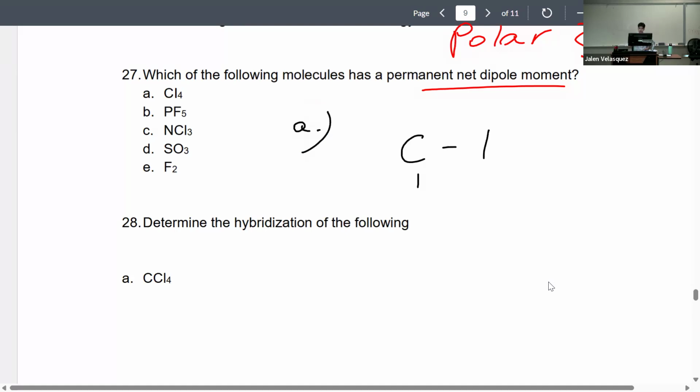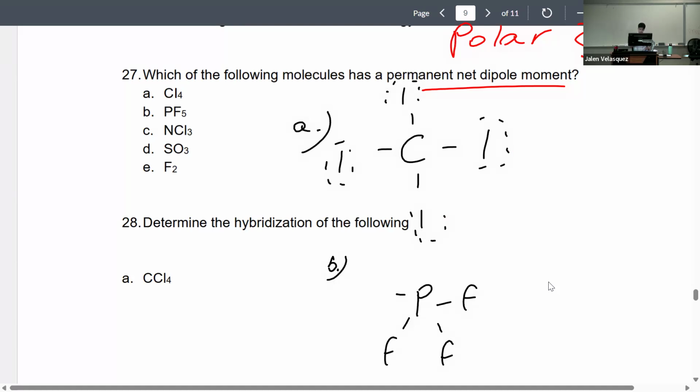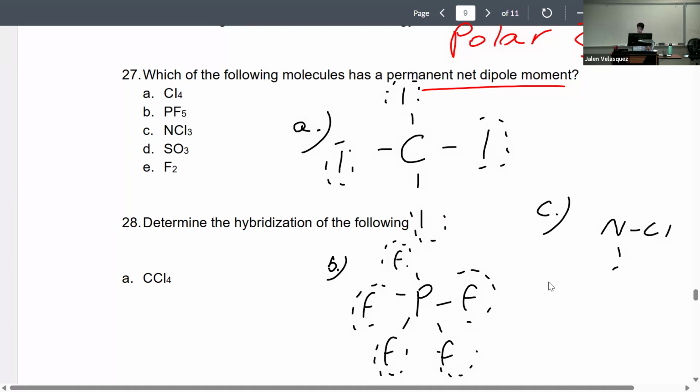So while you think about it, I will do that to save us some time. This is so messy.